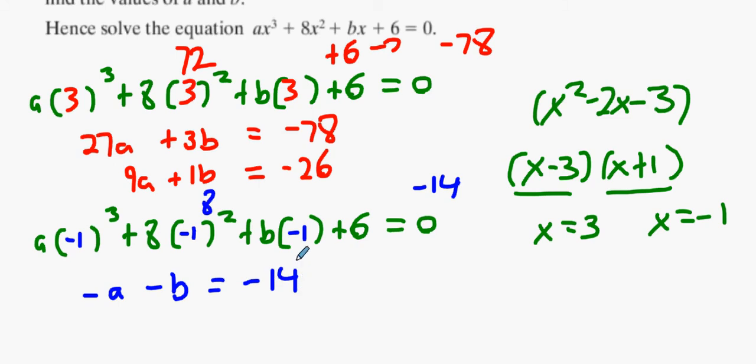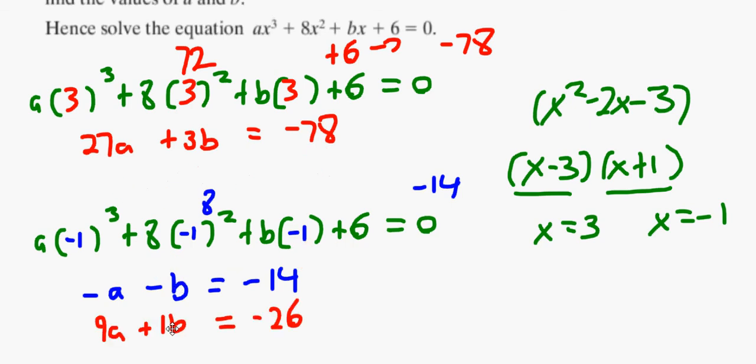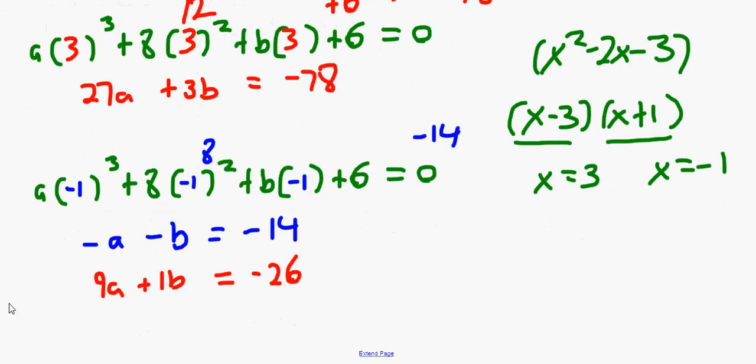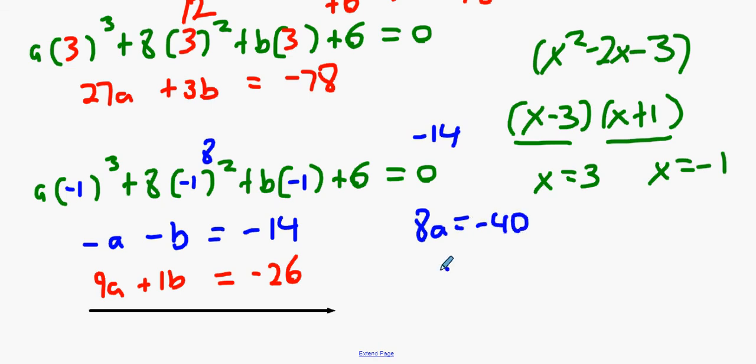Everybody happy now? So what am I going to do with the blue and the red equation? Add them straight down. What's going to happen then? 8a equals minus 40, a equals minus 5.